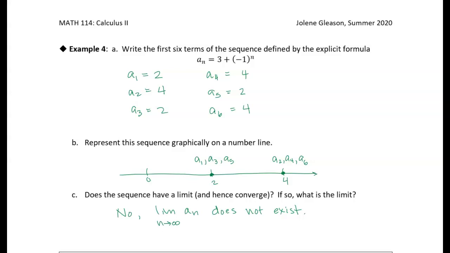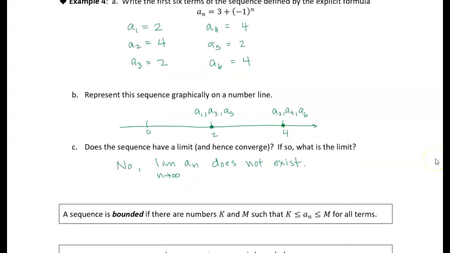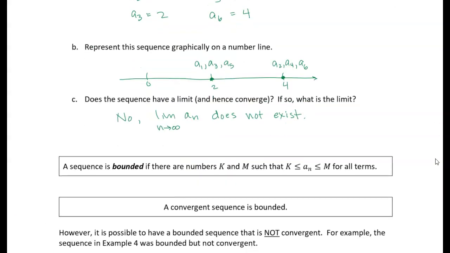All right, so I'm going to go over some of the terminology with you related to these 2 examples that I just did. One piece of vocabulary is the term bounded. We say that a sequence is bounded if there are some numbers k and m between which all of the terms of the sequence lie.